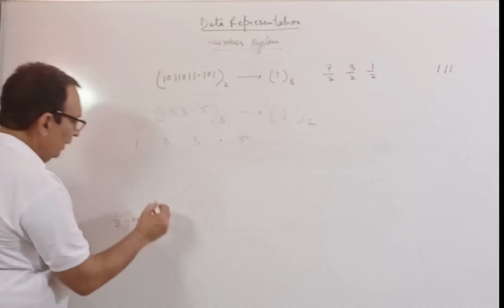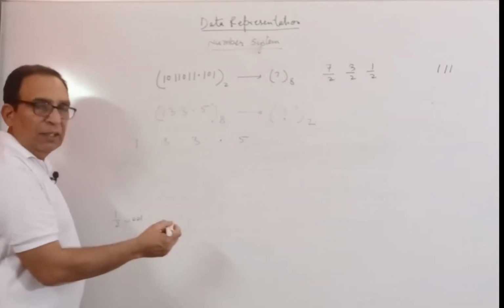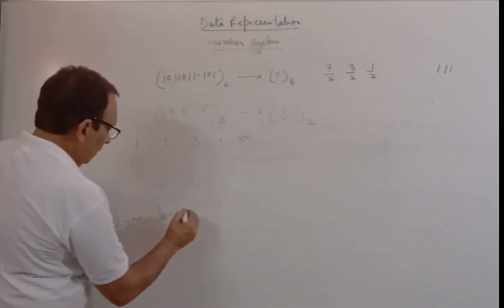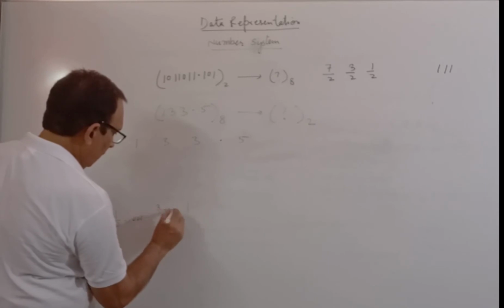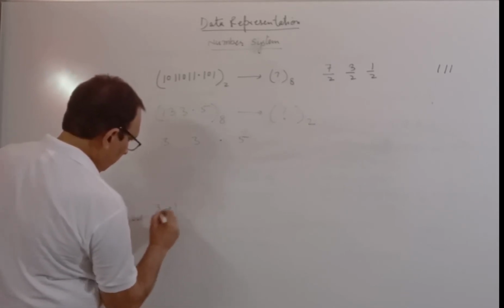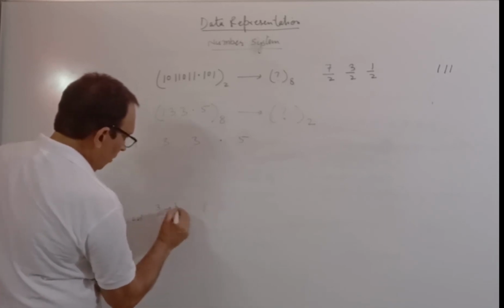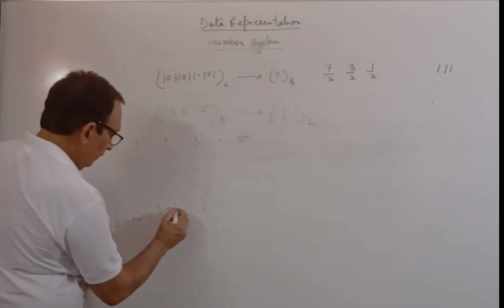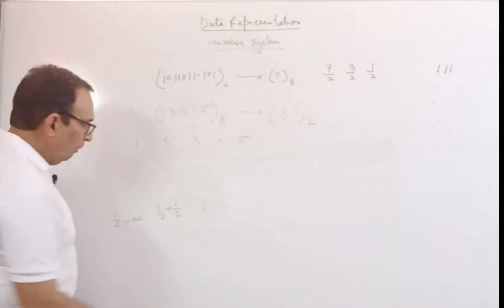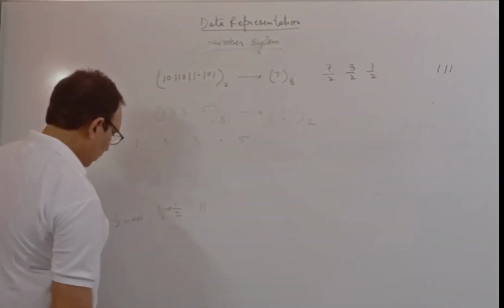Let us take 3 of octal and convert it into the binary. 3 divided by 2, remainder is 1, and quotient is 1. 1 divided by 2, 1 cannot be divided by 2, write 1 as such.